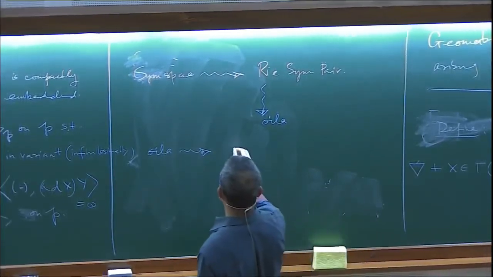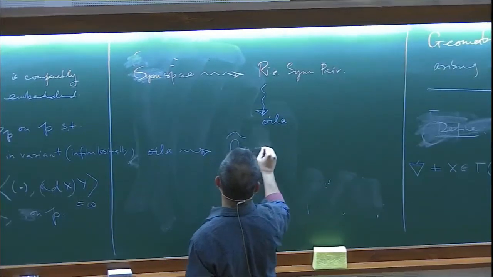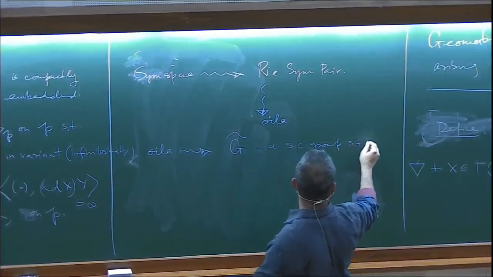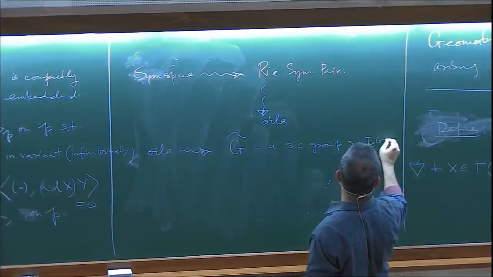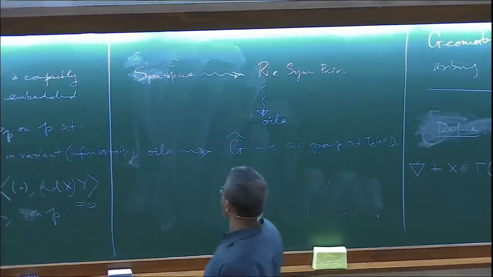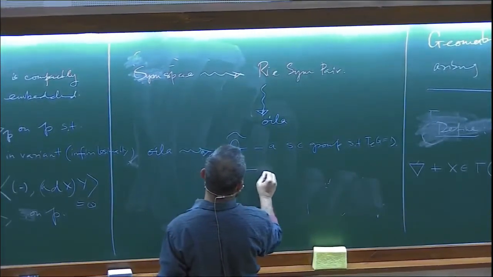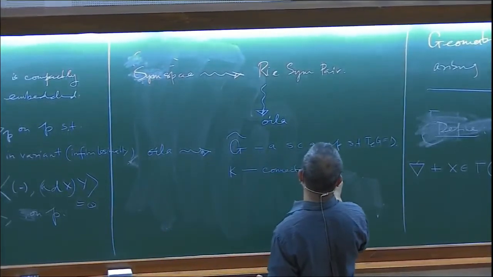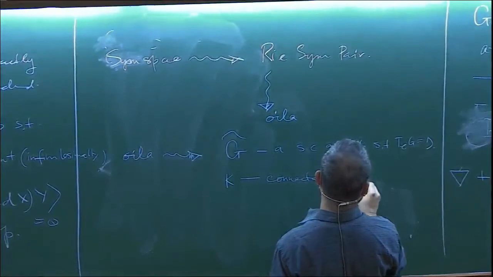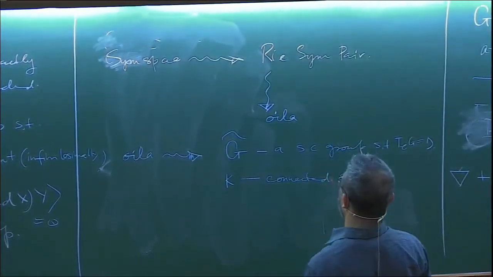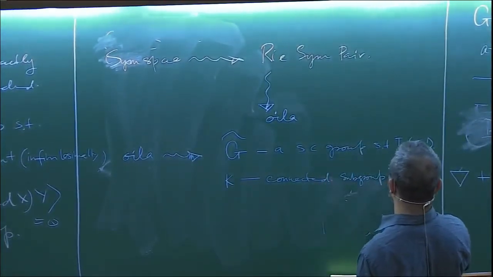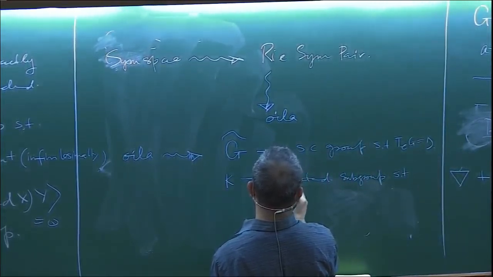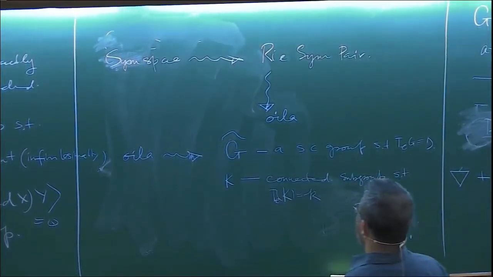I first consider G a simply connected group such that T_e G is g, and K a connected subgroup such that the Lie algebra of K, T_e K, is K, and so on.